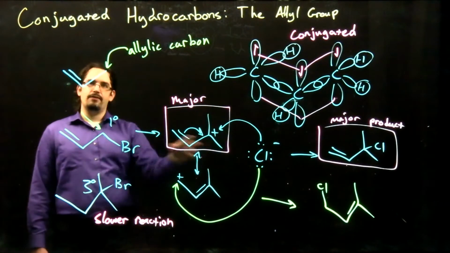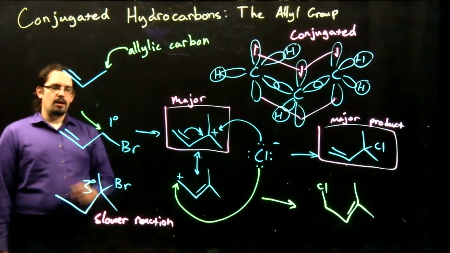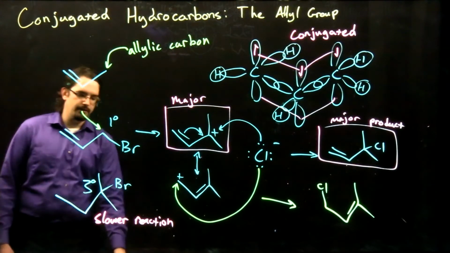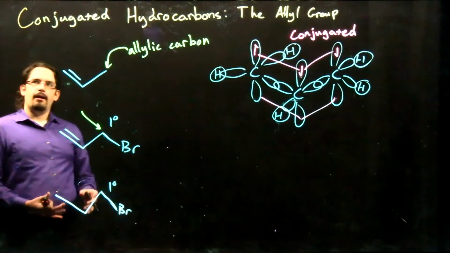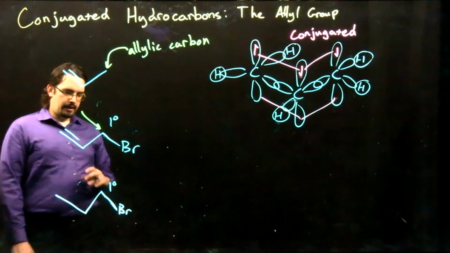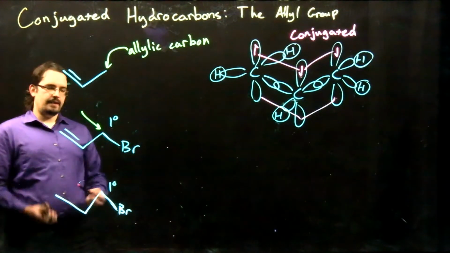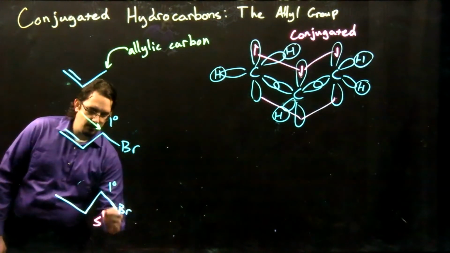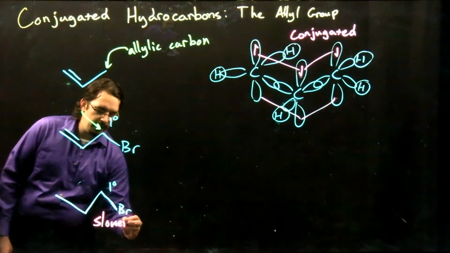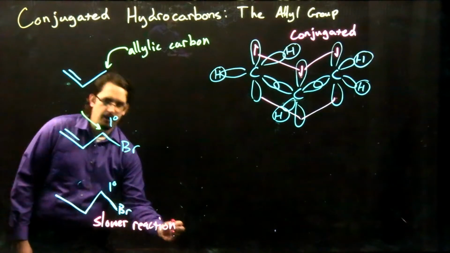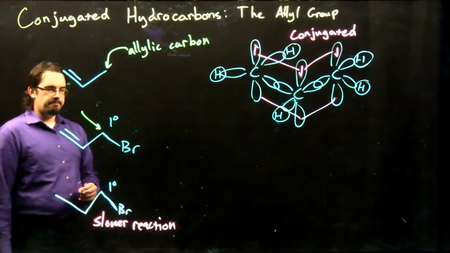Even though we don't have the same carbocation intermediate, our allylic group will still speed up our reaction. So if we compare our primary allylic alkyl halide with a standard primary alkyl halide, we will again see the same effect where our primary alkyl halide will be much slower compared to our primary allylic alkyl halide.